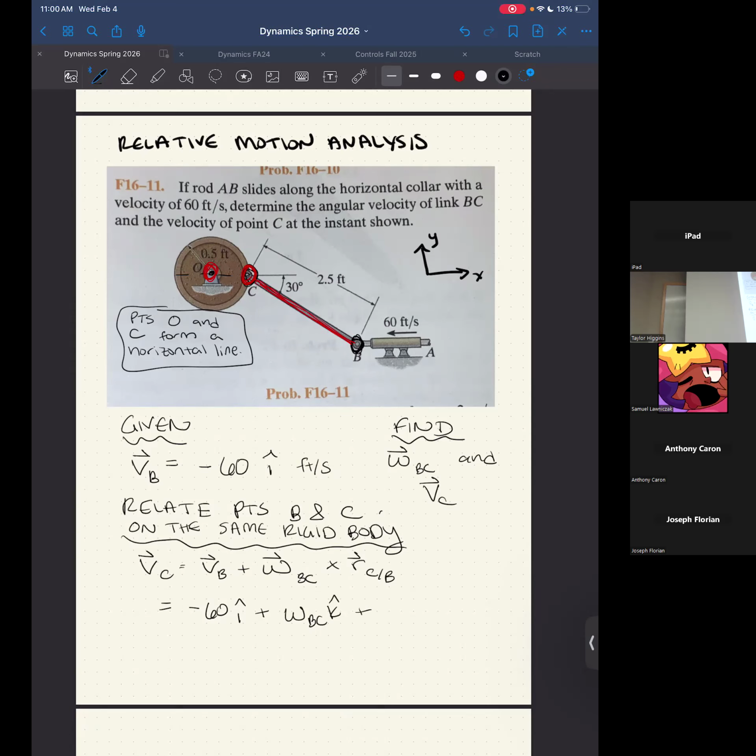And then r C slash B is the position of C with respect to B, which I can draw as a vector, so it goes this way. And I have enough information in the problem that I can go ahead and do the trig on this vector. So it should be minus 2.5 cosine 30 i hat plus 2.5 sine 30 j hat.